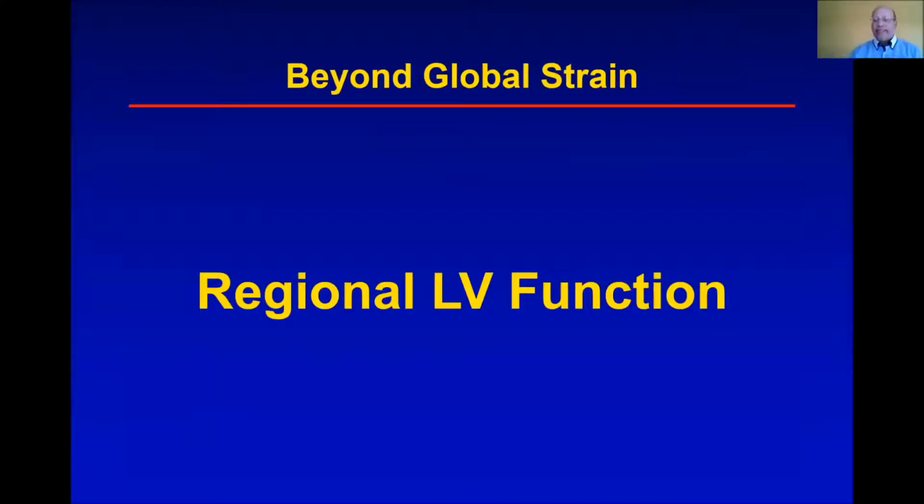As I said, it's mainly used for global longitudinal function, and we're not talking so much anymore about regional left ventricular function. So what I want to do in the following minutes is focus a little bit more on the regional function that we can assess with strain measurements.